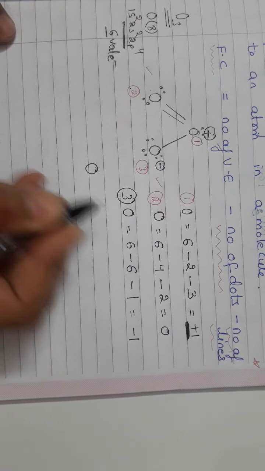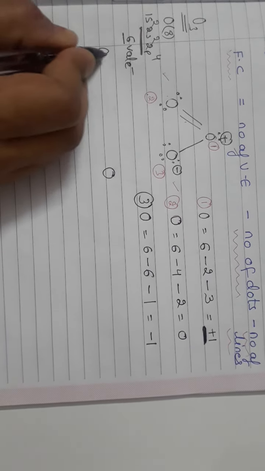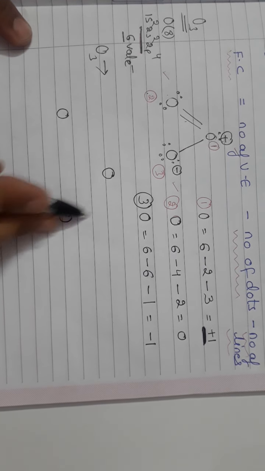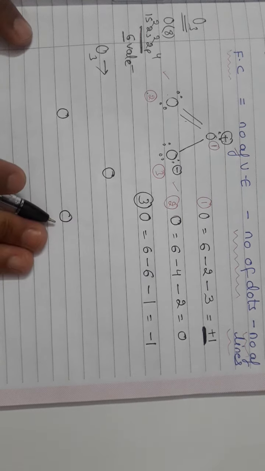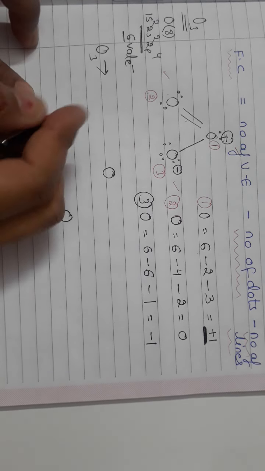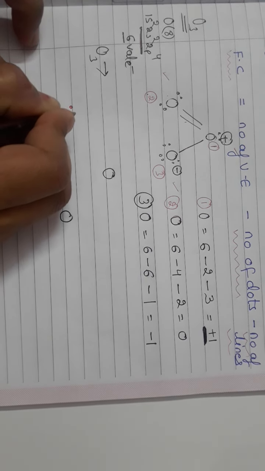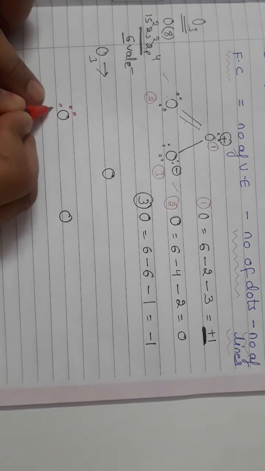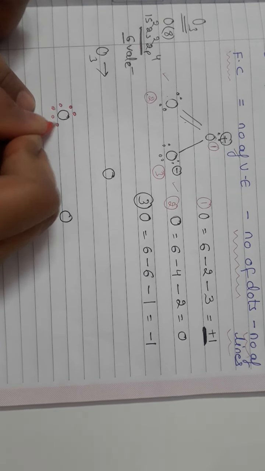Suppose I write the Lewis structure of ozone like this: oxygen, oxygen, oxygen. It is a skeleton form of the ozone molecule. Now I put the valence electrons. We have 6 valence electrons, so 1, 2, 3, 4, 5, 6.